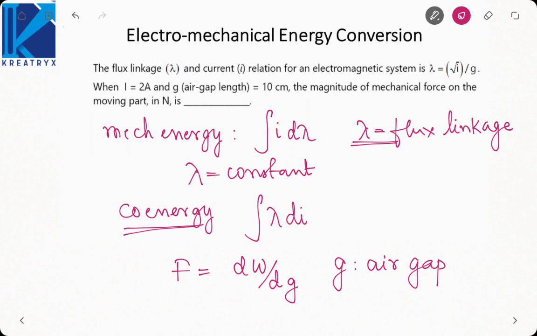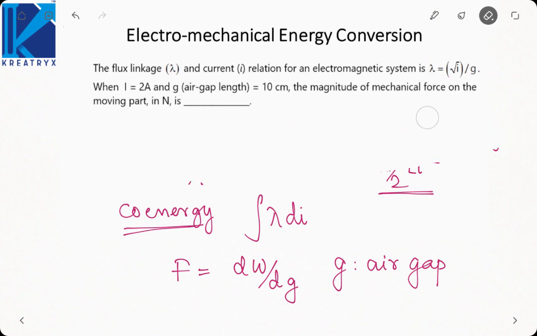This concept is very necessary: first you find the stored energy in the system, and then you find the force acting in the system by taking the derivative of the stored energy or the mechanical energy. Stored energy can be determined in another way, like half L i square. If you differentiate it with respect to air gap, you will get the force that acts in the system.